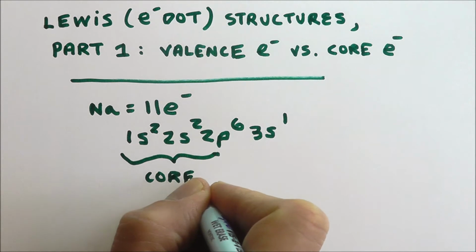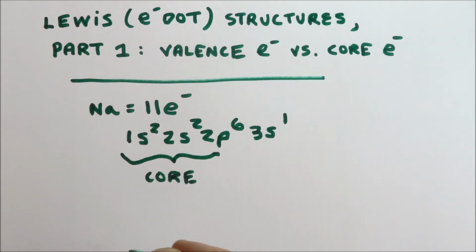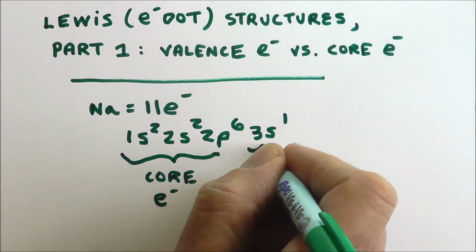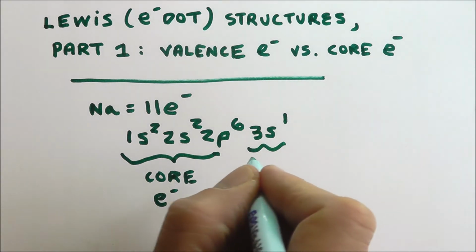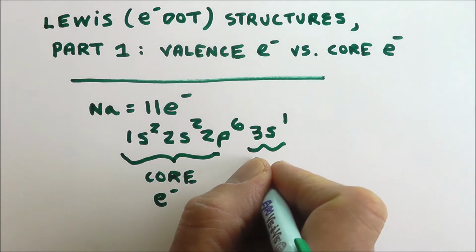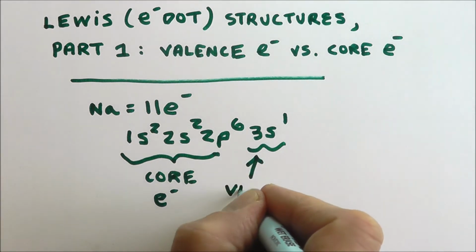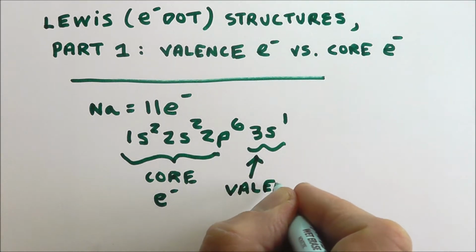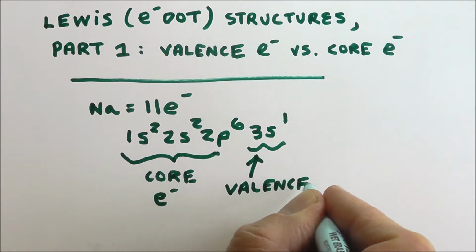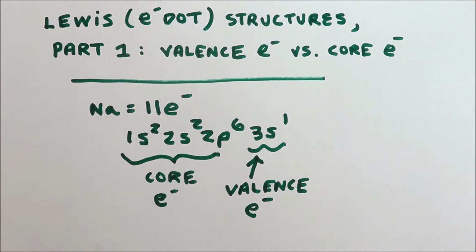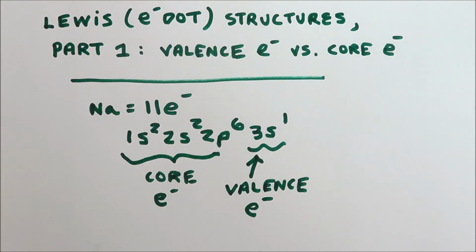Because they obey the Octet Rule, nature's pretty happy about them just staying there. The outermost shell that is unfilled, if there is one, is called the valence shell, and these are valence electrons. So we would say that sodium has 1 valence electron and 10 core electrons.